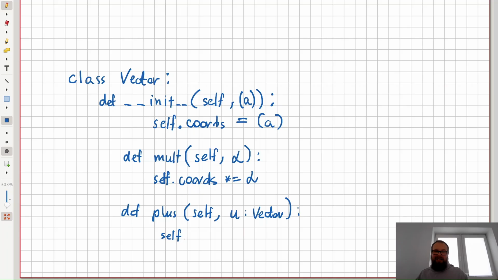Okay, very good. So how do we implement addition? Yeah, exactly. Add the tuple of u to the tuple of this object, right?